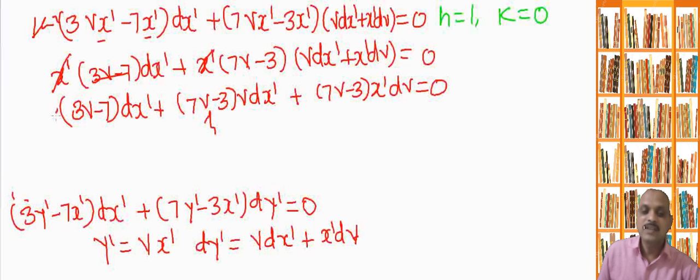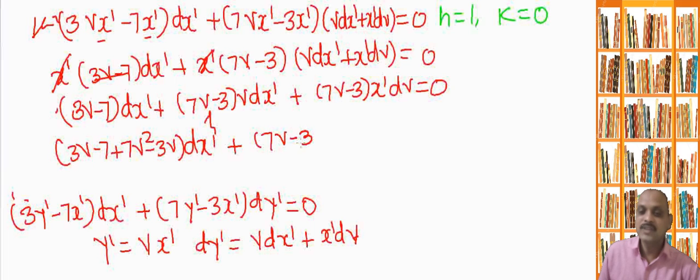Let us write dx' − (3v − 7) again, plus (7v² − 3v) dx' plus (7v − 3) x' dv equal to 0.